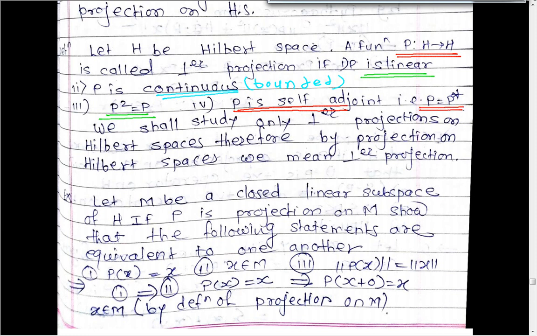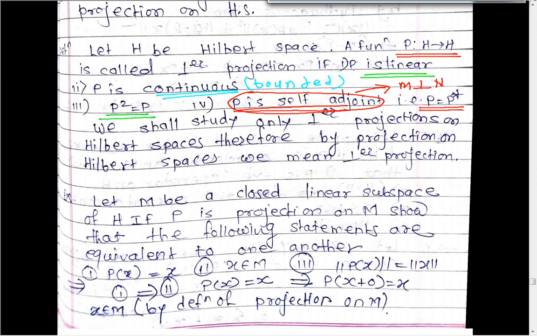We have seen in the last theorem that P is self-adjoint is equivalent to the statement M is orthogonal to N, where M is range of P and N is kernel of P. So due to this it is called a perpendicular projection, and we are going to study only perpendicular projections.